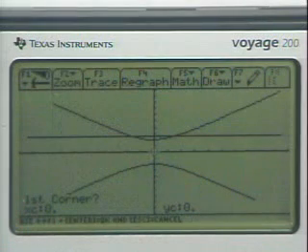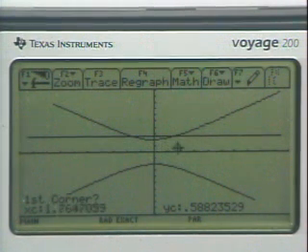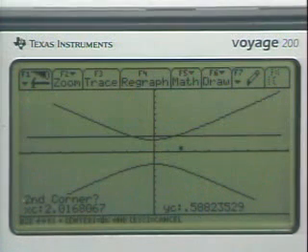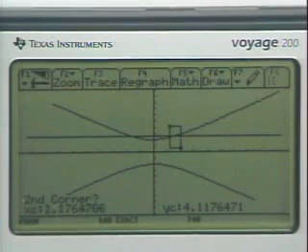Zoom number 1, and we'll just kind of do our box. We'll make that one corner, and that'll be good enough.